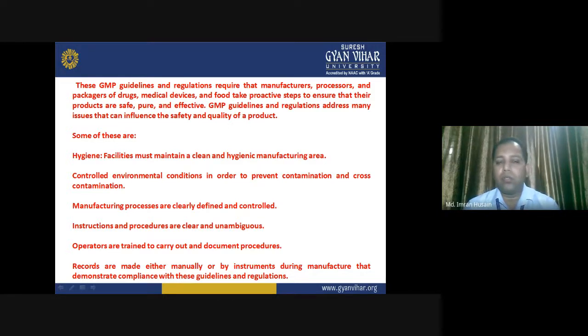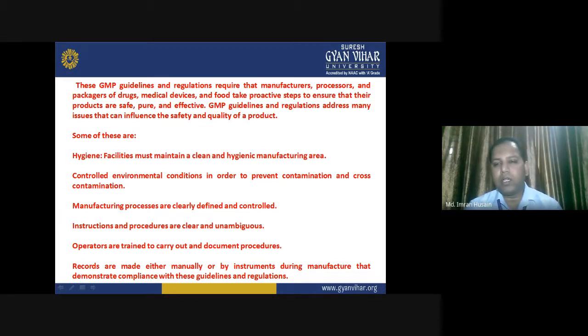There should be no confusion. Operators are trained to carry out and document procedures. Everything is clearly mentioned to the operators, they have been nicely trained and they know what they are doing. Records are made either manually or by instrument during manufacture that demonstrate compliance with these guidelines and regulations.